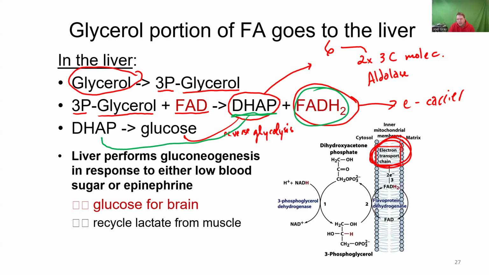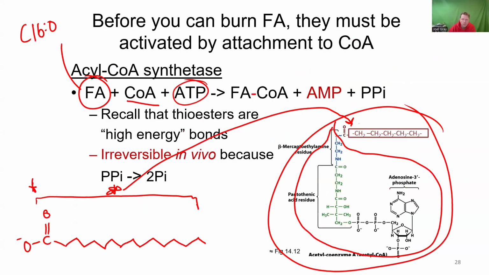In addition to that DHAP, we've got an electron carrier, this FADH2, which we can go ahead and extract more energy from. Now, when it comes to the 3 fatty acids, those 3 basically identical fatty acids, what we need to do is clip that long carbon molecule, that largely non-polar molecule, onto something that the body can work with.